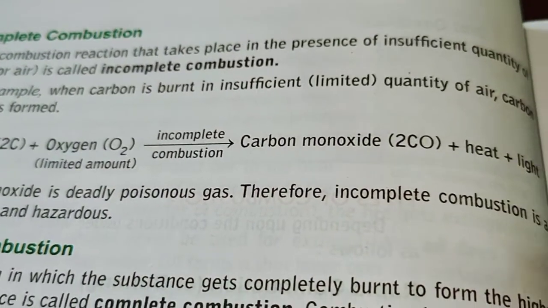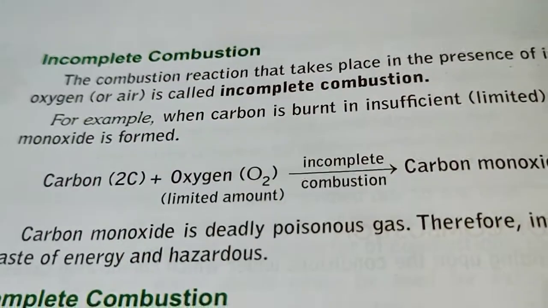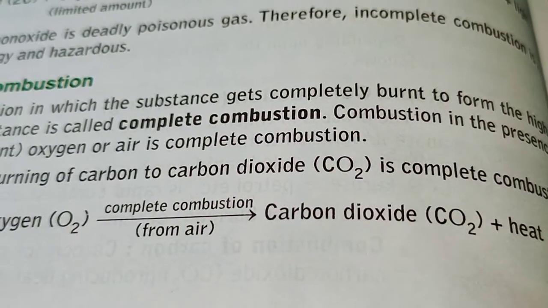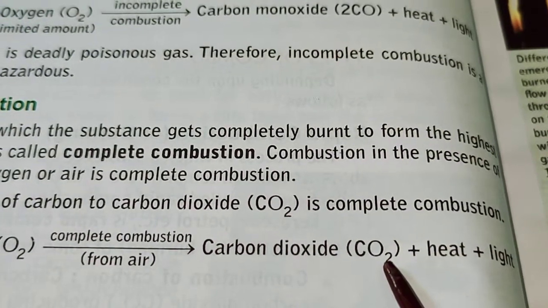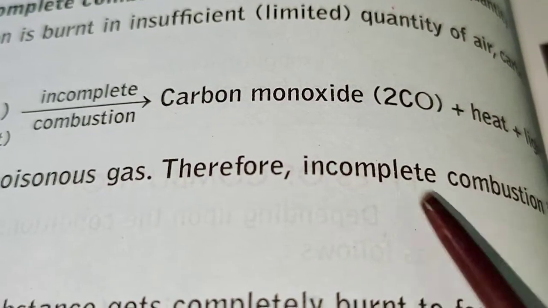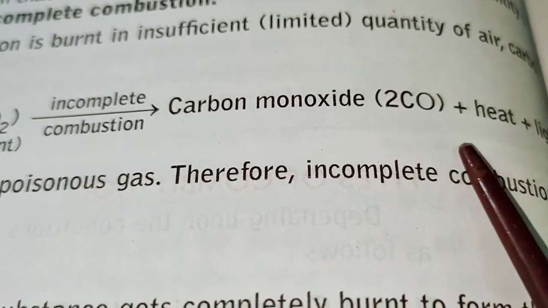Therefore, incomplete combustion is a waste of energy and a hazardous process. So in complete combustion, carbon produces its highest oxide, that is carbon dioxide, while in incomplete combustion, an intermediate product is produced, that is carbon monoxide, which is a highly poisonous gas.